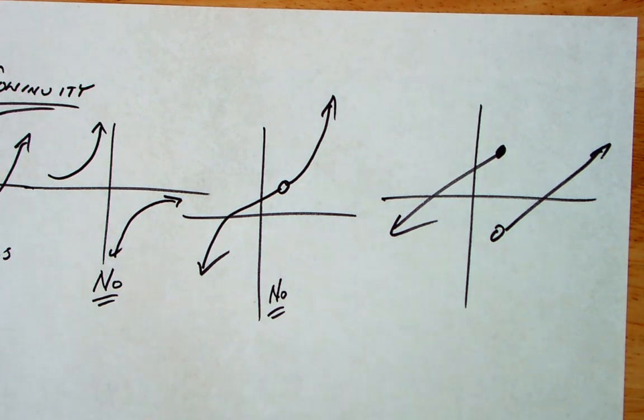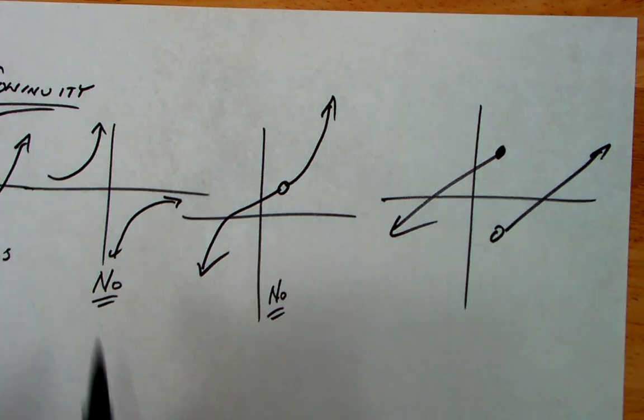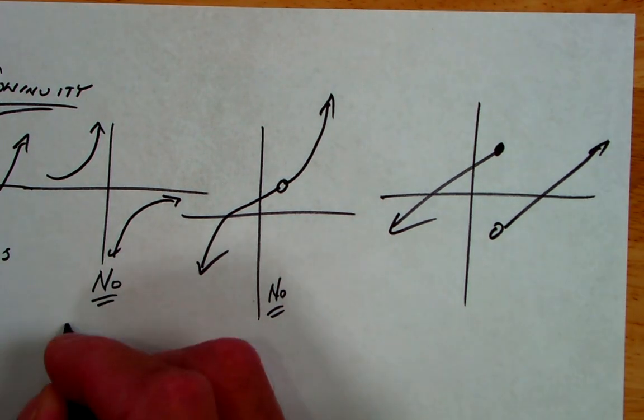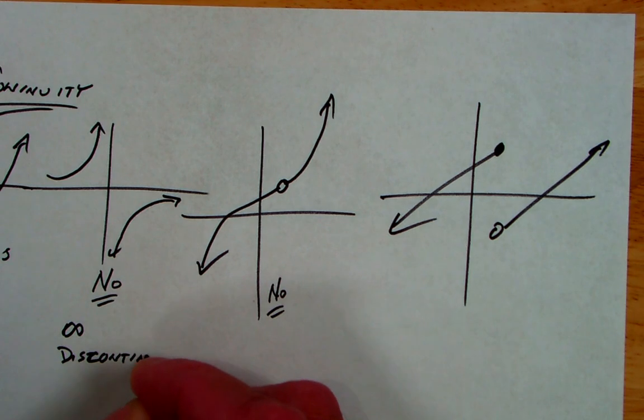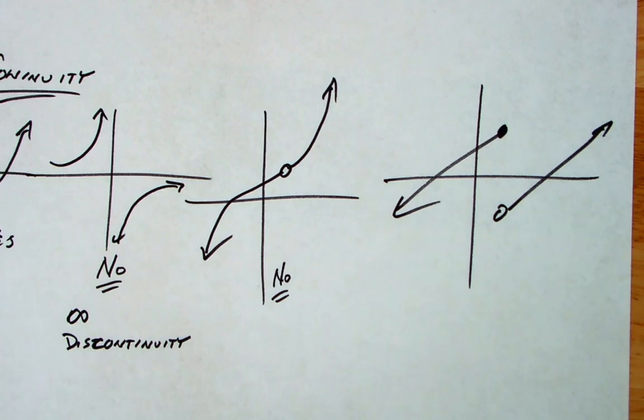And there's three different types of discontinuity. Okay? This is what's called an infinite discontinuity. Why?